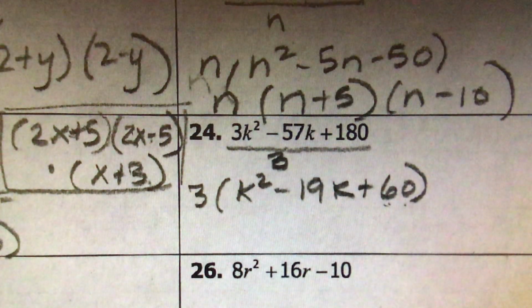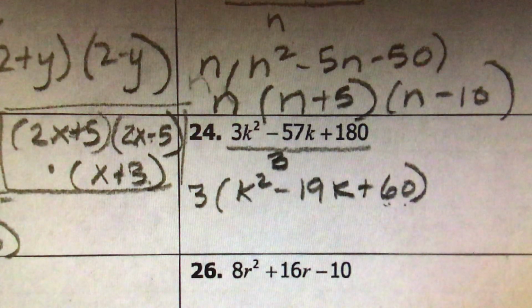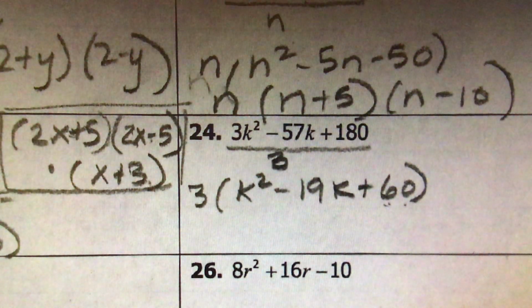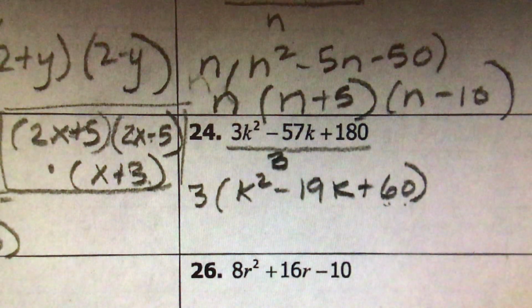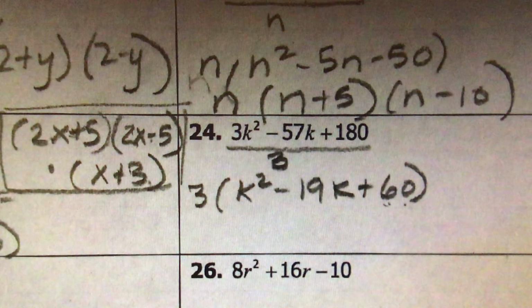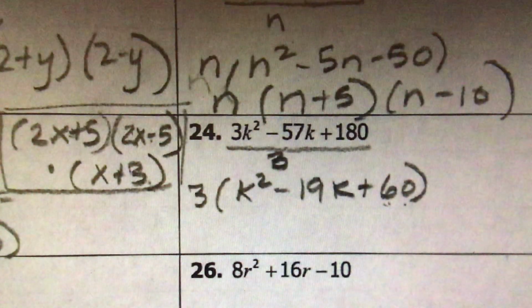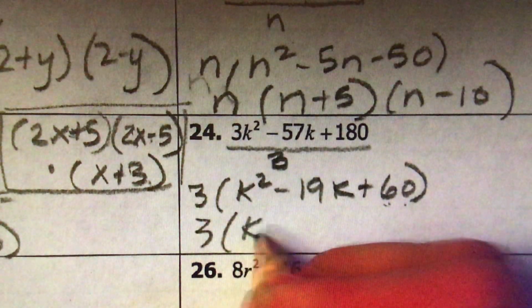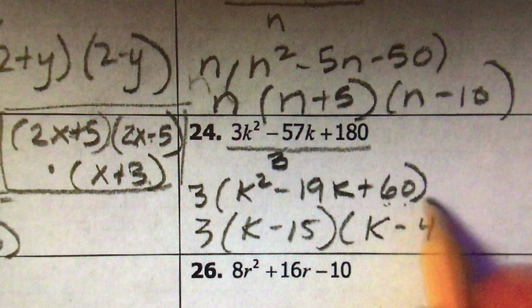I need 2 factors. Oh, 1 and 60 are not going to work. 2 and 30 are not going to work. 3 and 20, no. 4 and 15, no. Oh, and they both have to be negative. So, because when I add those together, it will be negative 19. Okay. 3k minus 15, k minus 4. Both negative.